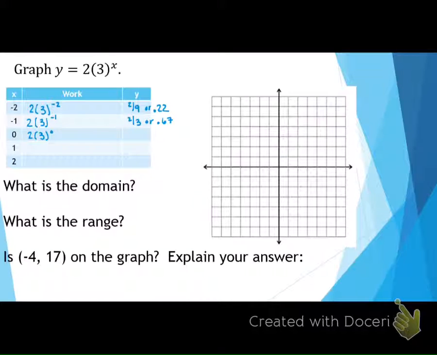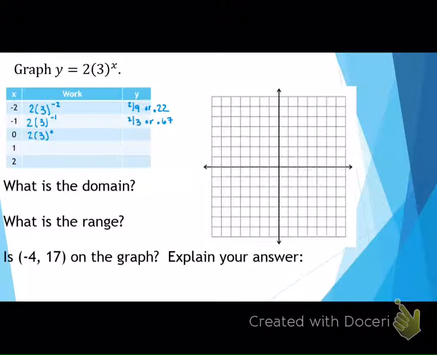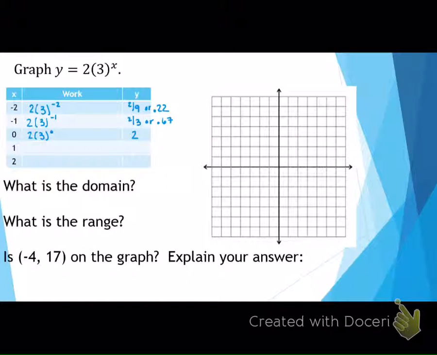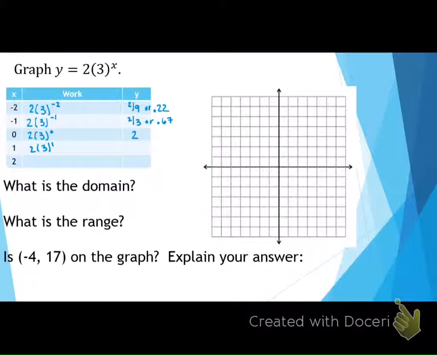Before you plot your points, make sure your table matches my table. So when you plug in 0, you should have gotten 2. If you didn't get 2, let me know. If you're having issues with your calculator, let me know. So that one should be 6.